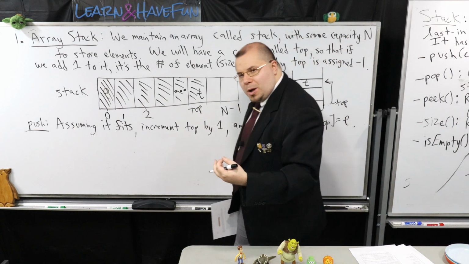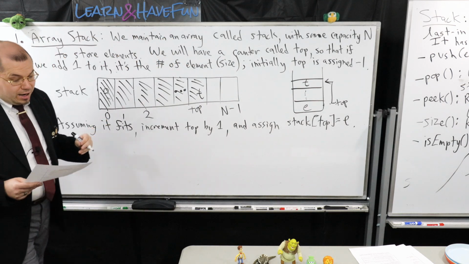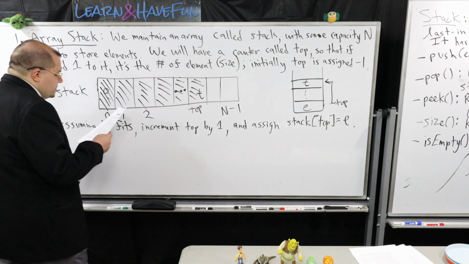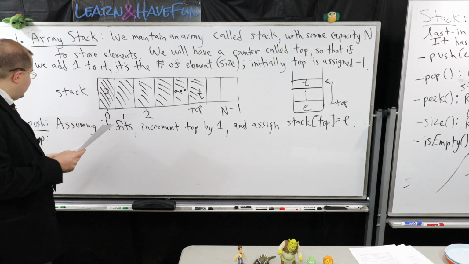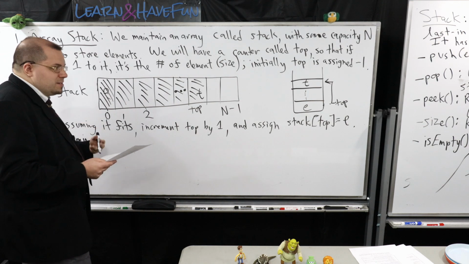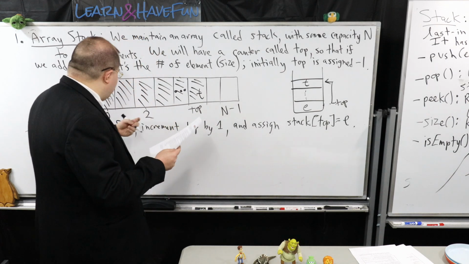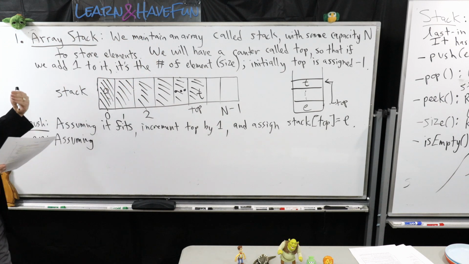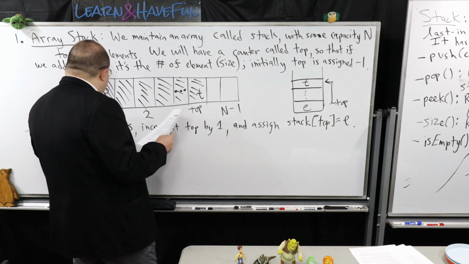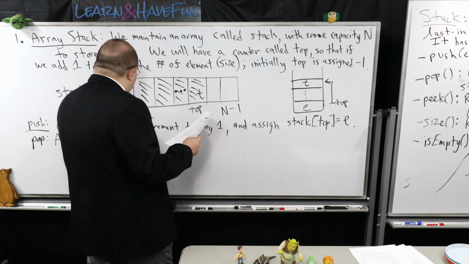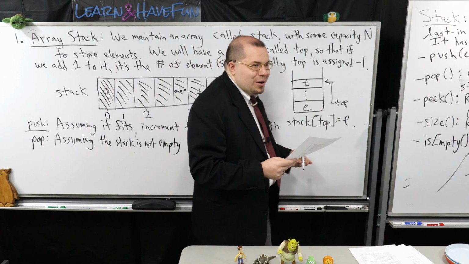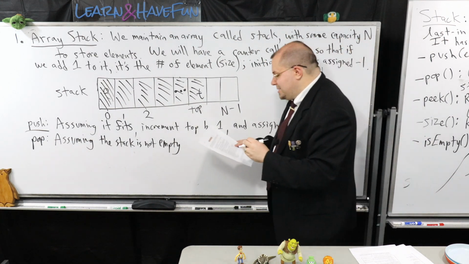So if you want to do a pop operation, you know exactly where it is. If you do a pop operation, presuming it's not empty, and again, for all of the details of the written descriptions of these algorithms, look in the notes. I'm just trying to keep it brief because I think the idea is very natural. Assuming the stack is not empty, because if it is, then you know right away that you should probably just return null.